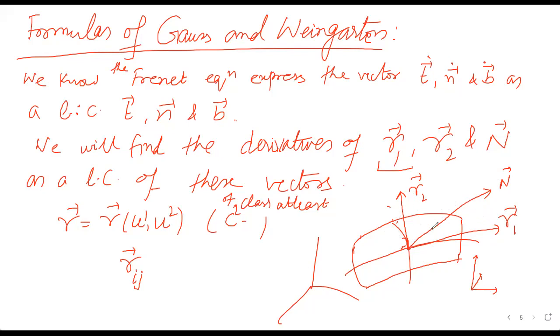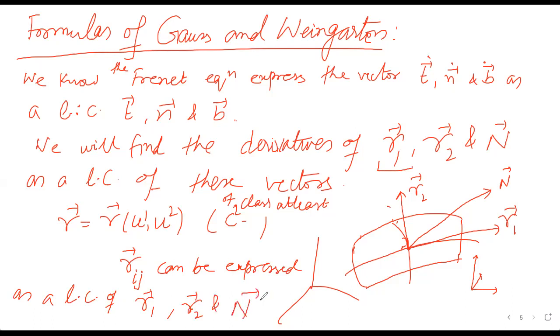So it means this Rij can be written as a linear combination of these three vectors. Can I write this? Tell me. This Rij can be expressed as a linear combination of R1, R2 and vector n.